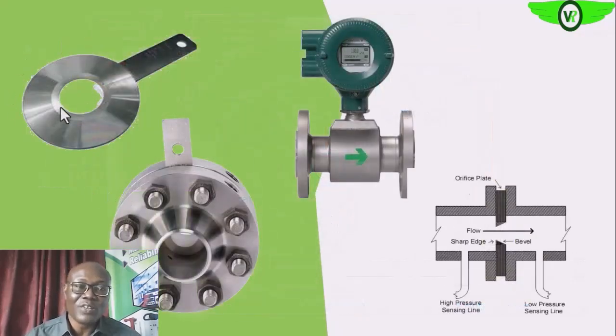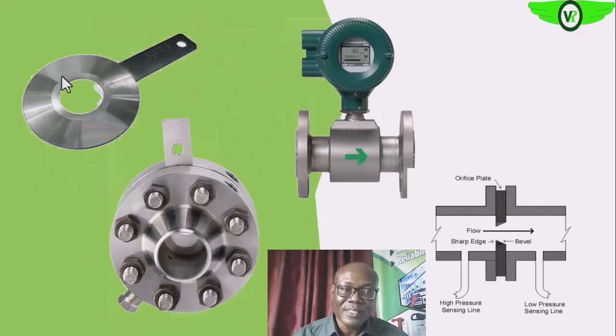So this is the orifice plate that we are talking about. This is how it looks, and it is installed on the line between the flanges, as you can see. The beveled end is made to face the downstream end of the flow. Are we getting it?